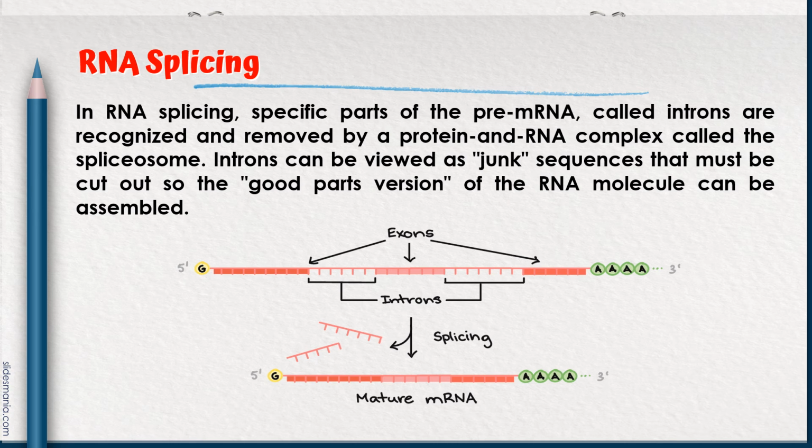For example, exon 1, then intron 1, exon 2, intron 2, exon 3, and so on. Each consists of a stretch of RNA nucleotides. During splicing, the introns are removed from the pre-mRNA and the exons are stuck together to form a mature mRNA that does not contain the intron sequences.